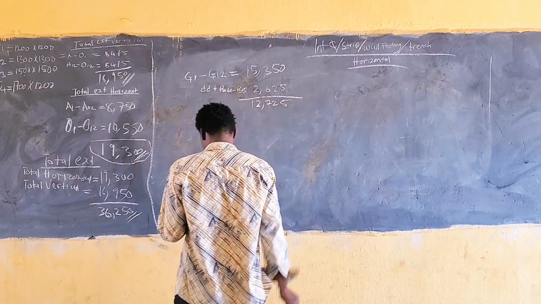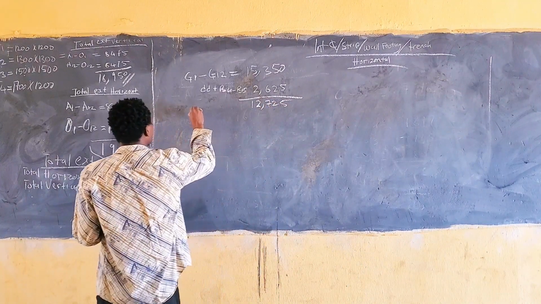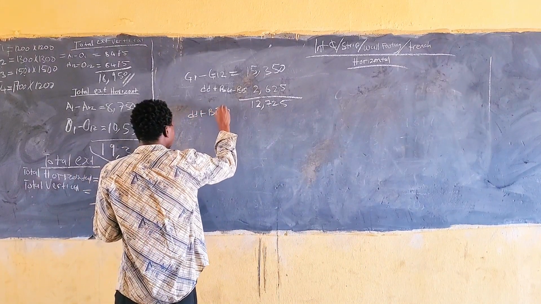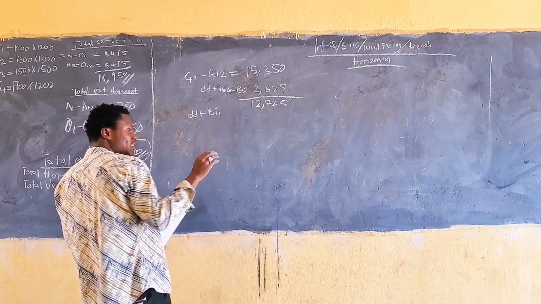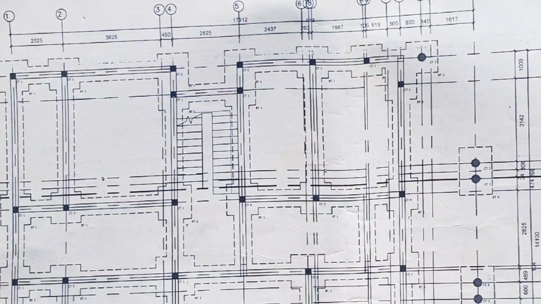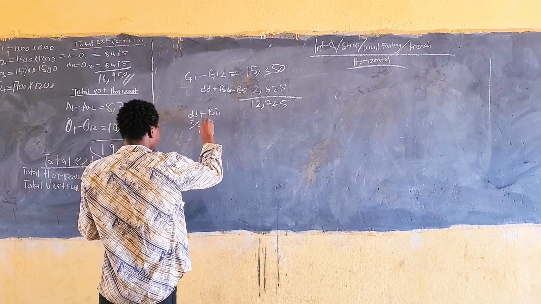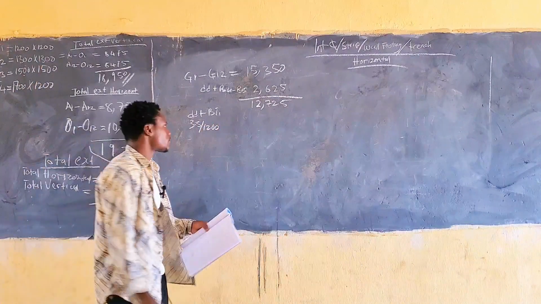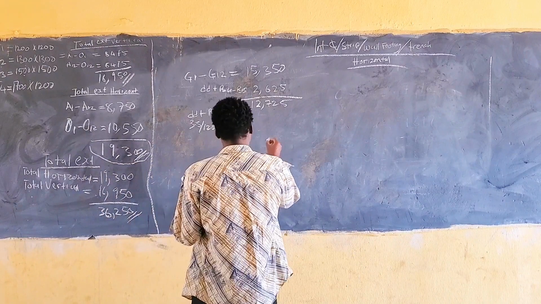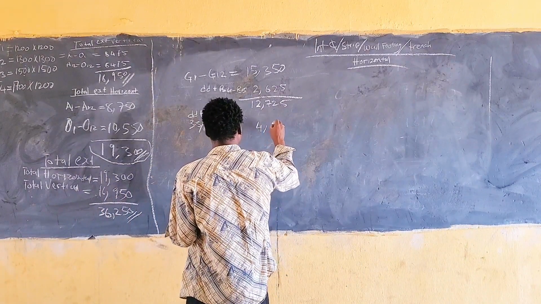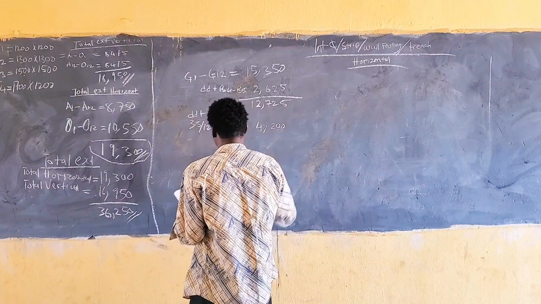So we deduct BT1. There are 3.5 base type ones there, 3.5 by 1.2, which will give us 4,200.